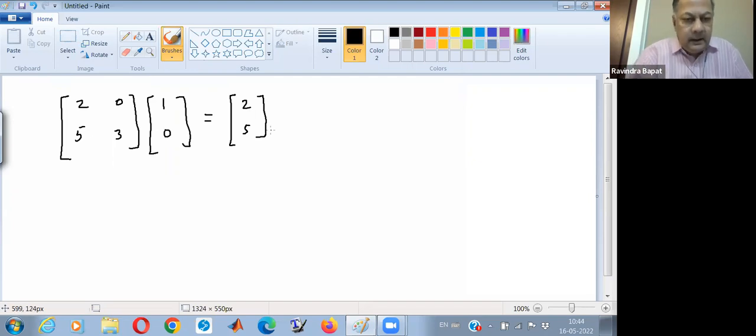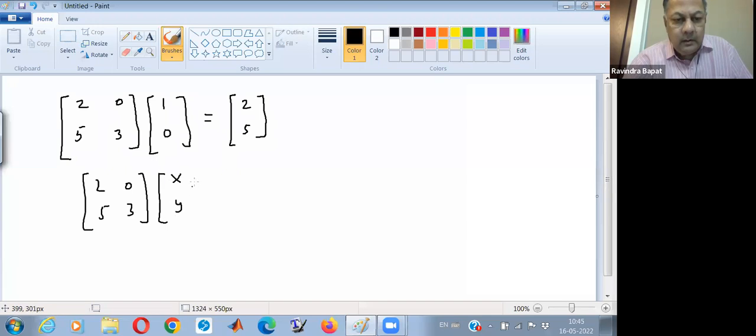Now I'm asking, is there an eigenvector for 2? The image of 1, 0 is equal to 5, which is not a multiple of 1, 0, so this is not an eigenvector. So let us work out the eigenvector for 2.